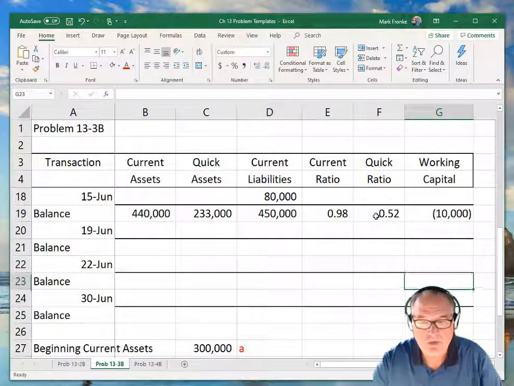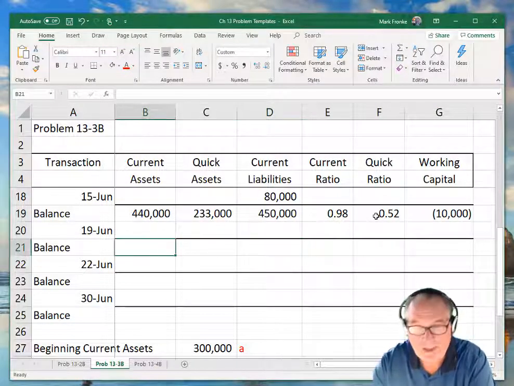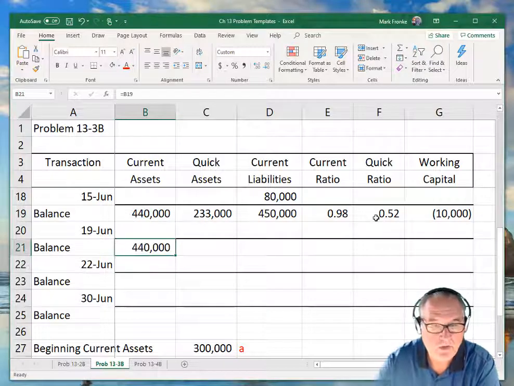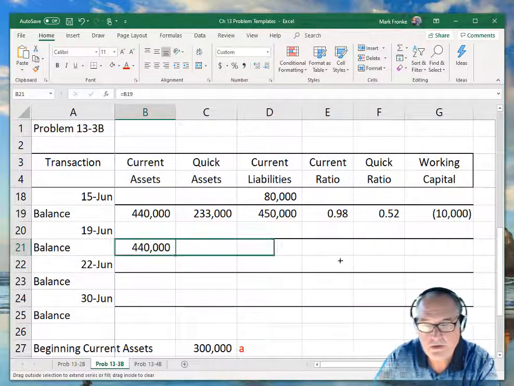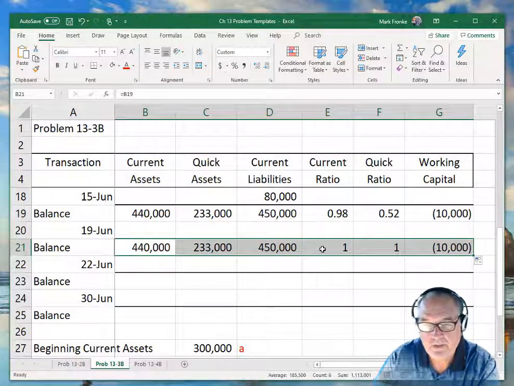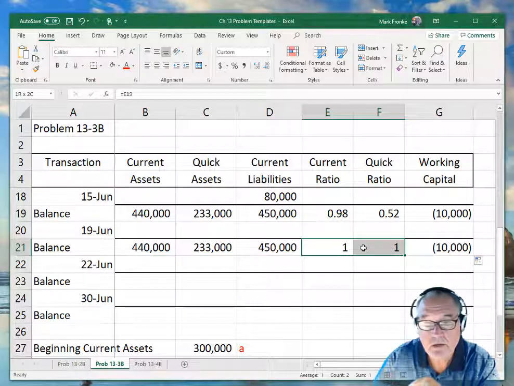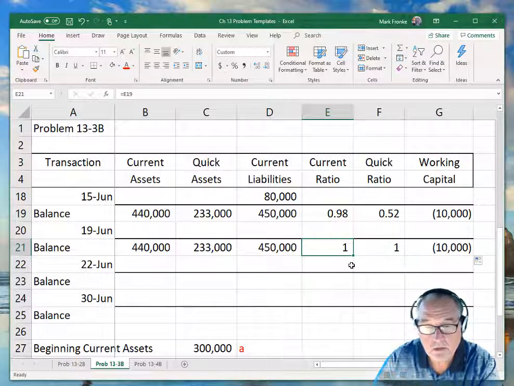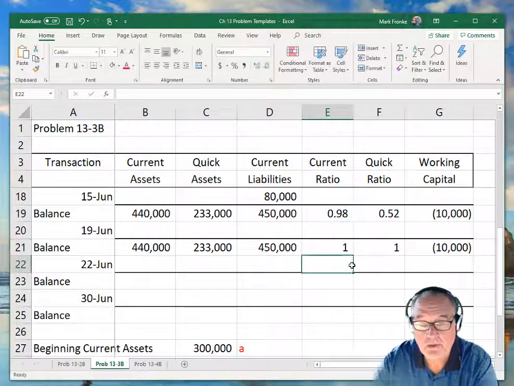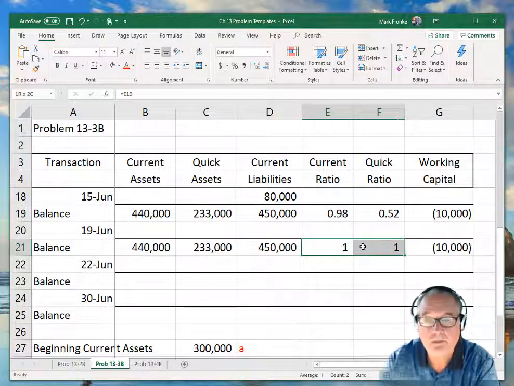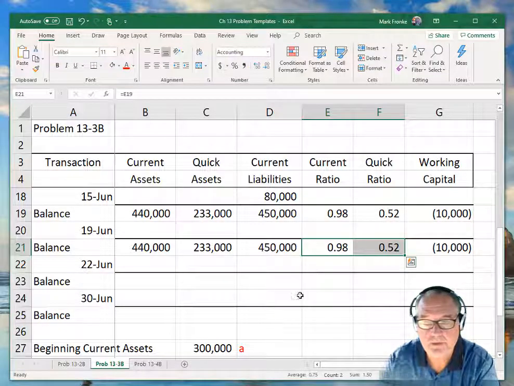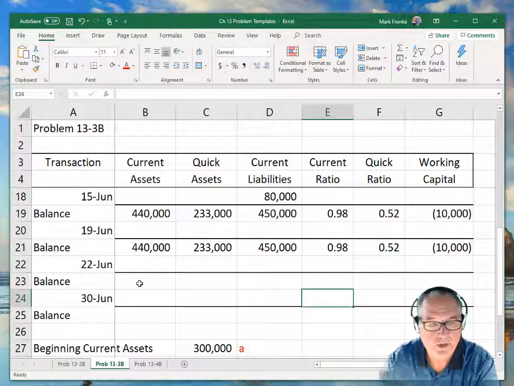Those numbers all remained exactly the same. So I'll just use the drag tool in this case to bring it all down. I'm not sure why that happened, but I guess it's a formatting thing. Okay, there it is. Those numbers didn't change.